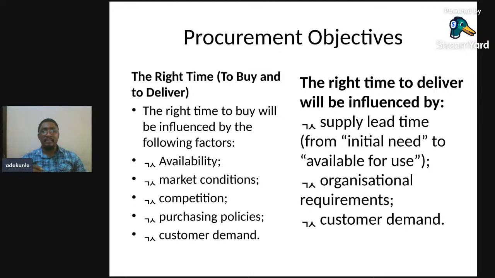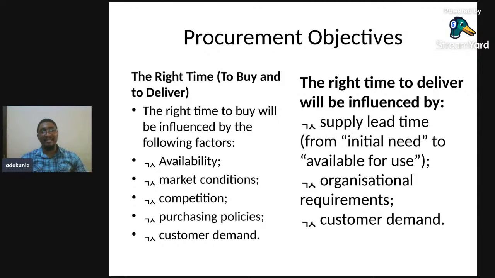So we look at this other right, the right time. Of course, the right time can be divided into two: the right time to buy, and the right time for goods to be supplied or delivered into the market. The right time can be influenced by so many things. The right time to buy will be influenced by the availability of the product, the market condition, understanding different competitions within the market, purchasing policies of the organization, and customer demands.